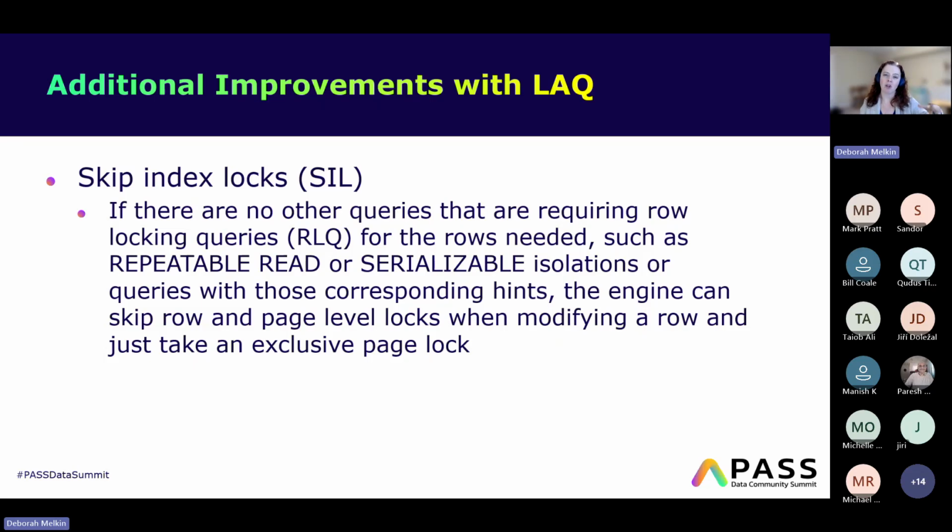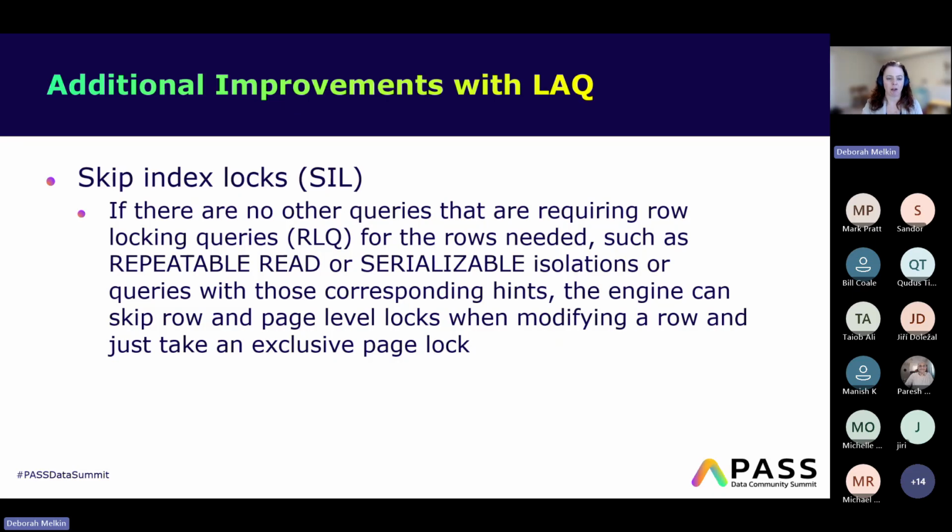When you saw my examples, you noticed that I would say we got the lock on the key, we got the lock for the transaction ID. Here, the engine is able to be a little bit smarter. It's saying, hey, does anything else have locks on it? Or is there any other query that may need to lock the key to make changes at the same time that I'm doing it?